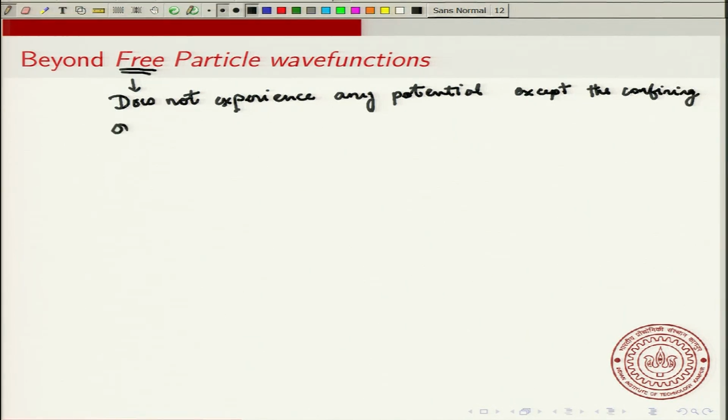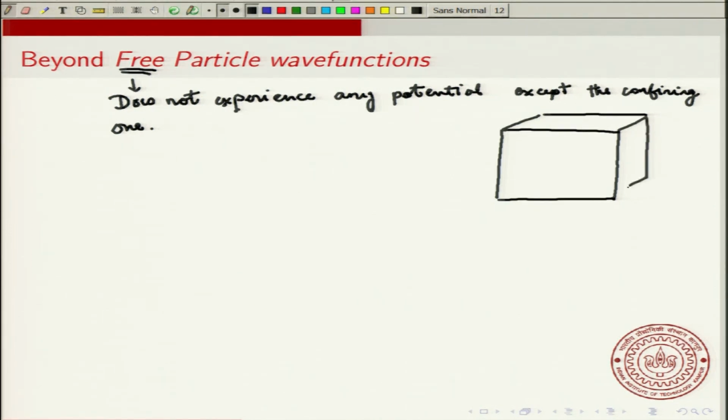These electrons were treated as free particles. That means, if this is my crystal, then the electrons are treated as particles that are just freely moving within this box.